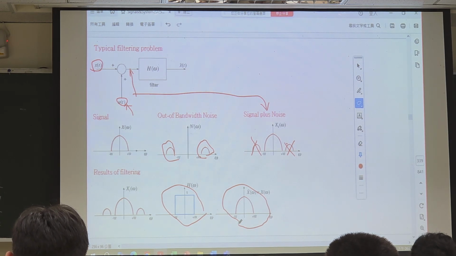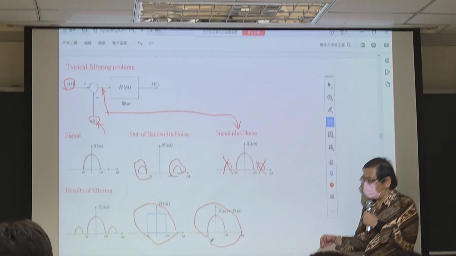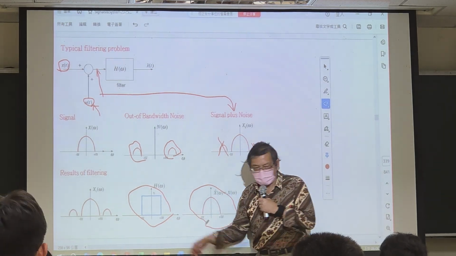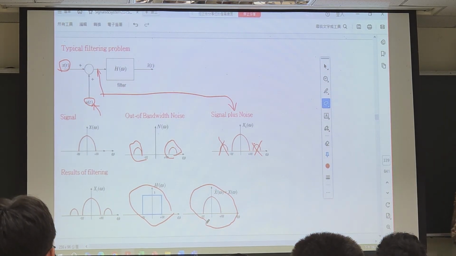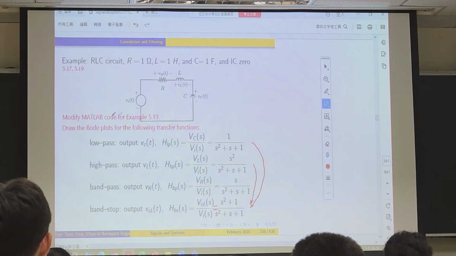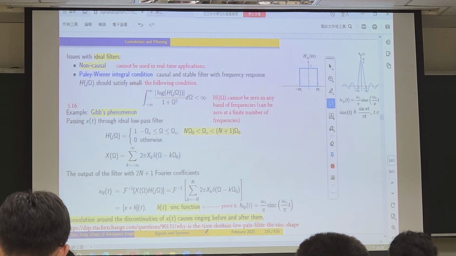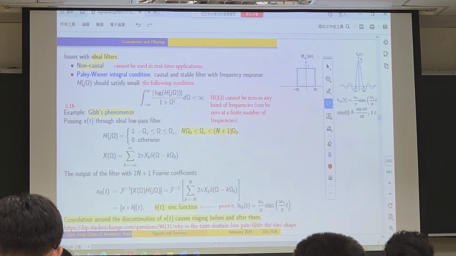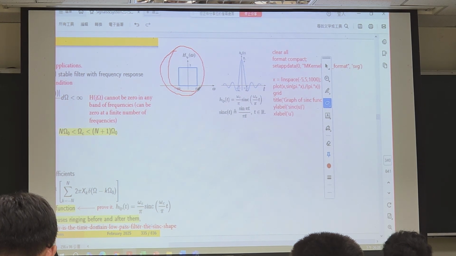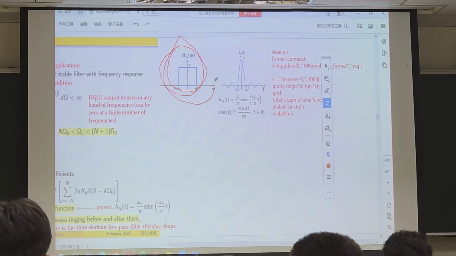Practically speaking, this is impossible, because this filter is actually a non-causal system. You cannot do it in real time. This is the frequency response of the filter.